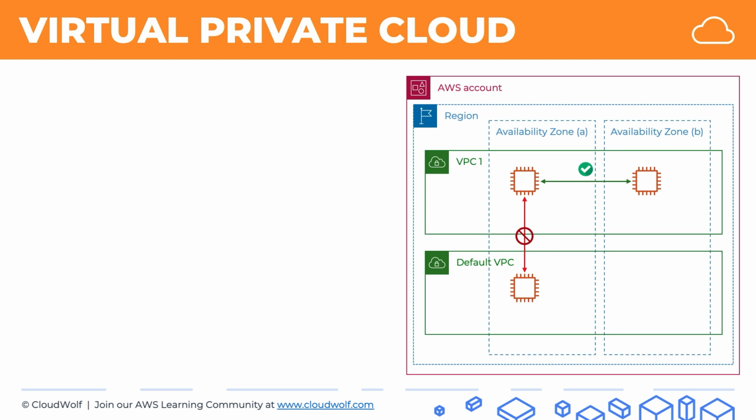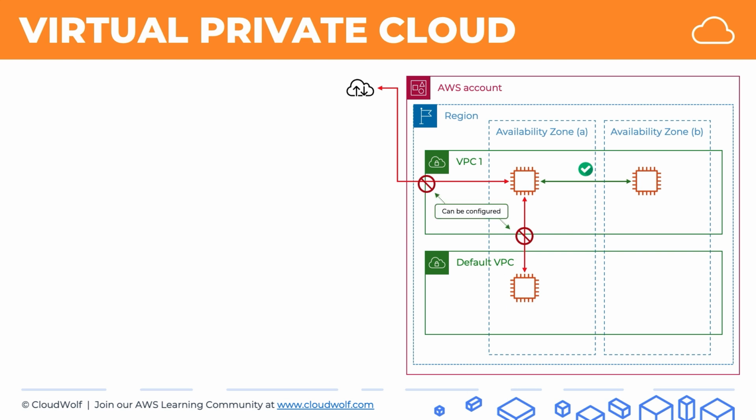Remember, a VPC is a logically isolated virtual network, meaning that without special configuration, resources inside different VPCs cannot communicate with each other. Moreover, the outside internet cannot communicate with resources inside a VPC, and the other way around, resources from a VPC cannot communicate with the outside internet without special configuration.